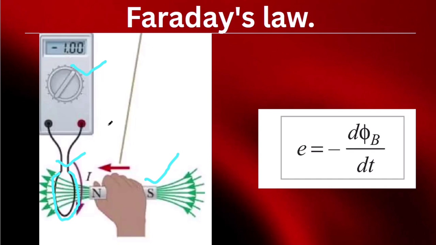with the ammeter. Now this induced voltage, small e, is equal to negative d phi B by dt. What is d phi B by dt? The phi B is the magnetic flux and d phi B by dt is the time rate of change of this magnetic flux. If a stationary flux is present, then there is no induced EMF, then it will be 0, right?